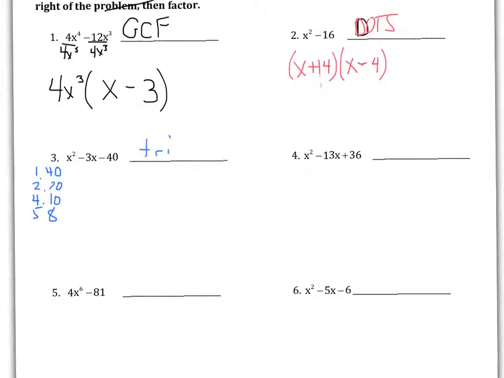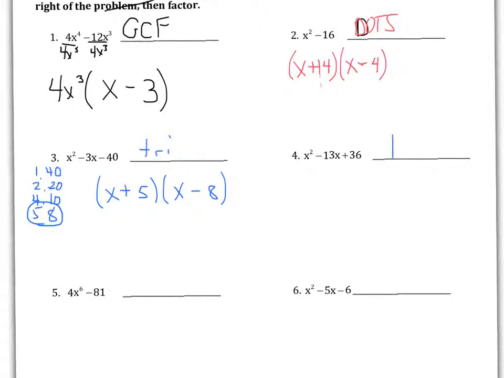Since they multiply to a negative, the numbers have to be 3 apart, which means it has to be the 5 and the 8. So it's going to be x with 5, x with 8, and since they add up to the negative in the middle, the 8 is going to have to be the negative. You have the bigger number needing to be negative.